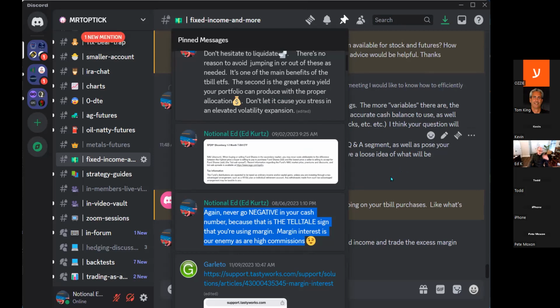But my point is, if you get in a vol expansion moment, you want to liquidate either the T-bill or the T-bill ETF and look away. Don't worry about it, because as soon as you fix your positions, if you do that in 5 minutes, you can go right back in and buy that T-bill or T-bill ETF back in the amount you need.